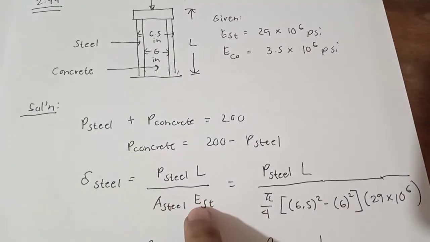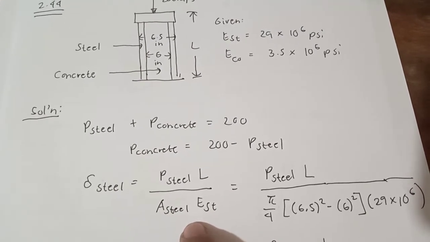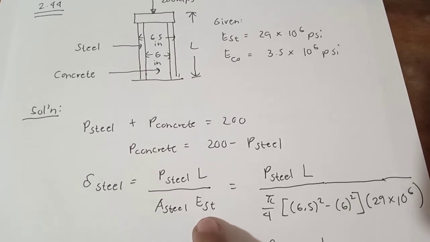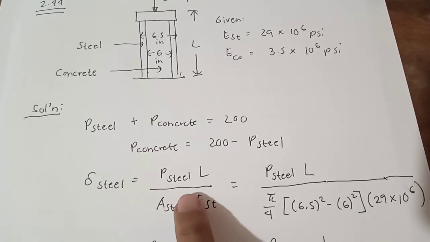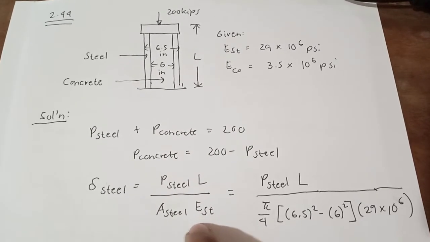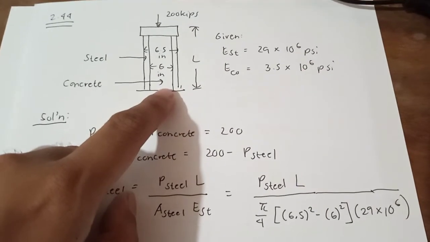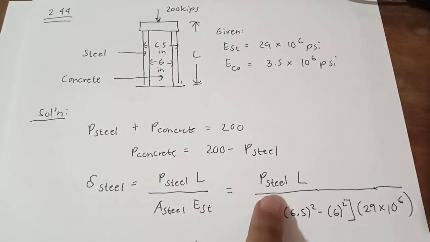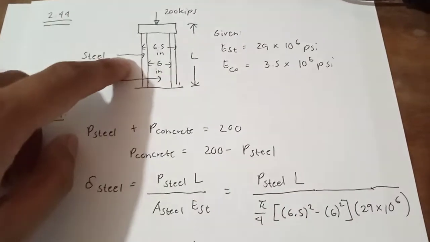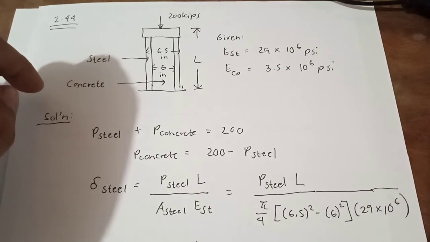We know that the equation for deformation is PL over AE. We concentrate first on steel, so it is P steel times L over A steel times E steel. The L is not given, so we just keep it as L. The area is circular, since the problem says it is a circular steel tube.